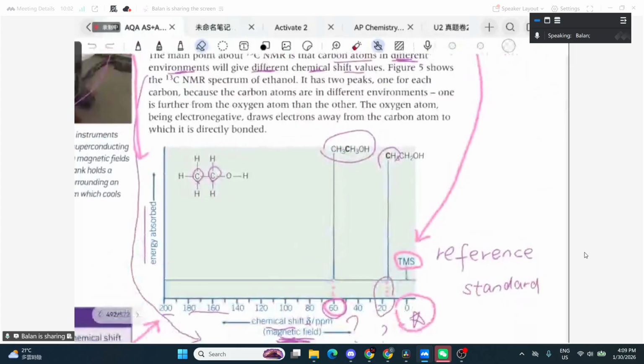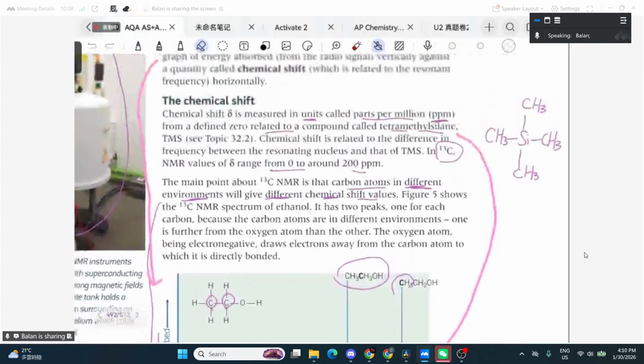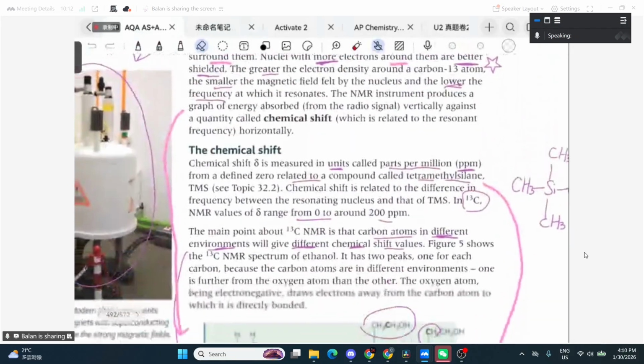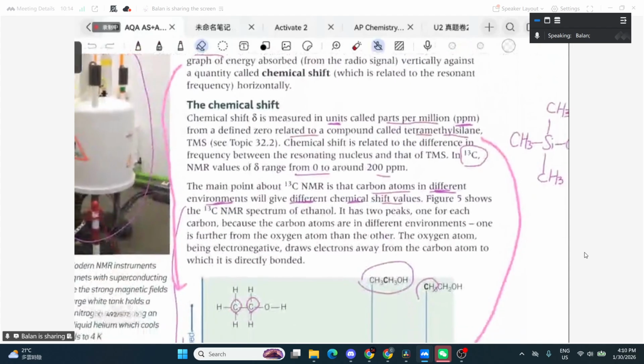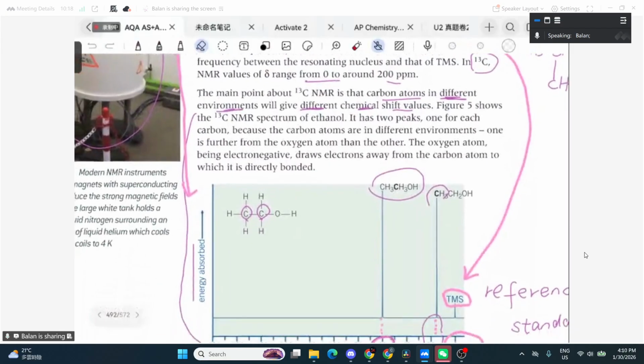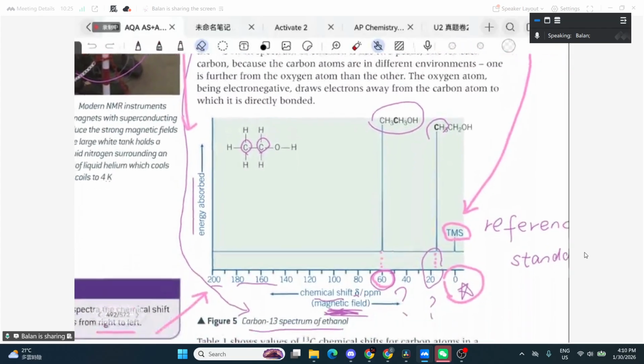Its absorption, its chemical shift, we label as 0. And the difference between the resonating nucleus and that of TMS is labeled on the right. So in carbon-13, you can notice that the chemical shift in ppm is from 0 to 200.